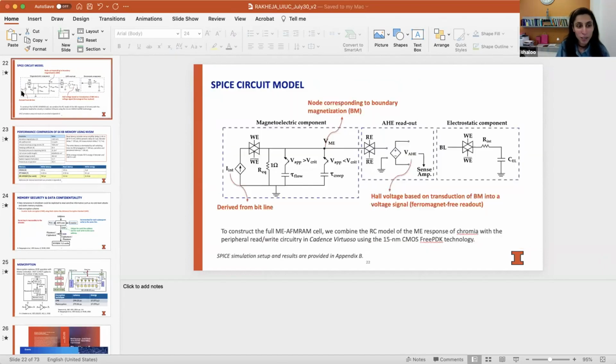No. Again, I will go back to this model first. We implemented the model specifically for functionally representing domain wall propagation. So this is not accurate in terms of how the domain wall is moving, but it's accurate in terms of the time scales. So we're not looking into a coherent rotation model. One might be able to do that by putting two equivalent circuit models for magnets that are coupled through some exchange.